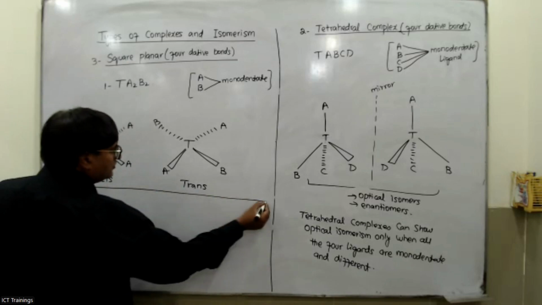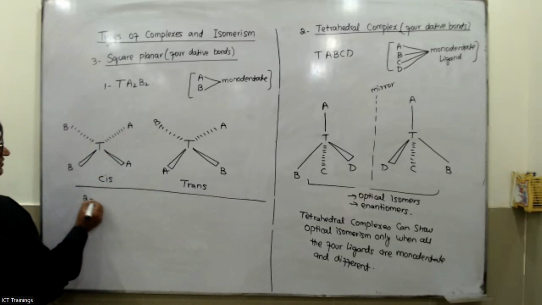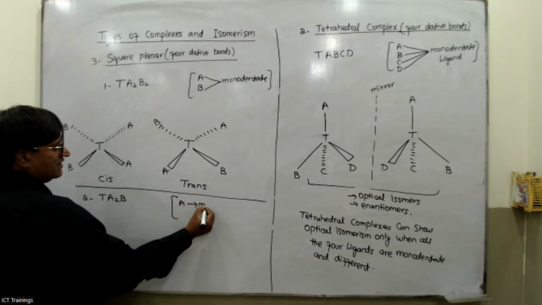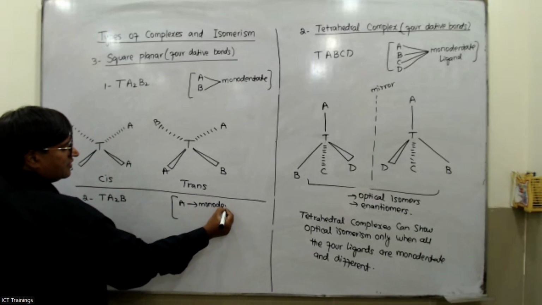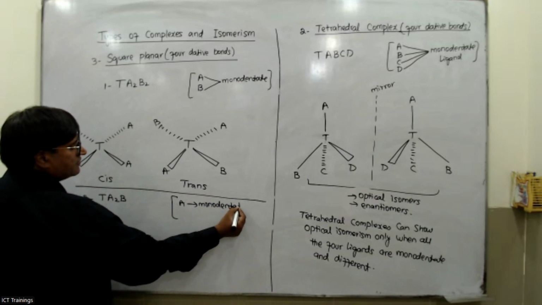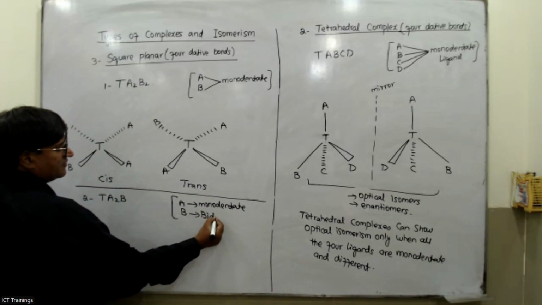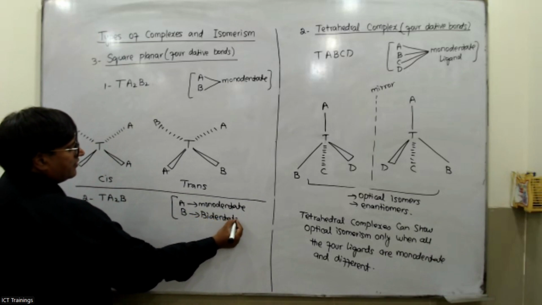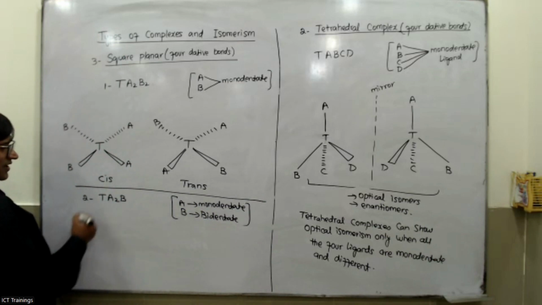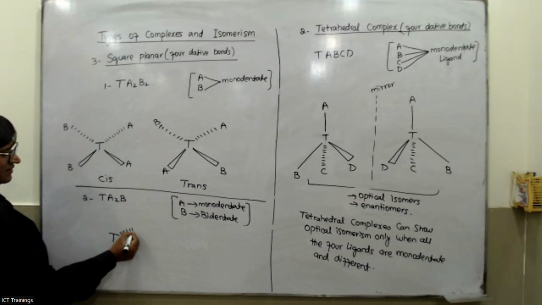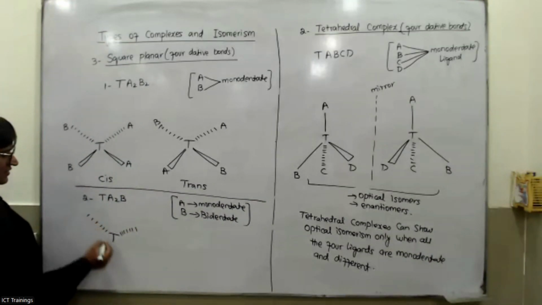The second option for square planar is T, A2 B, where A is the monodentate ligand, whereas B is a bidentate ligand. So this is T, make it like that.